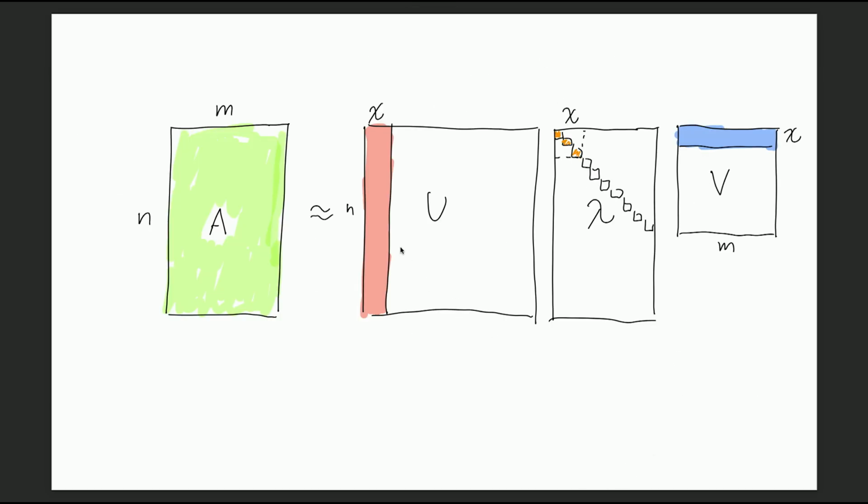For people who like seeing things graphically, you have your matrix and you want to approximate it using the singular value decomposition. You set all but the first chi singular values to 0, and then to represent this matrix, you only have to keep track of the first chi columns of U and the first chi rows of V.